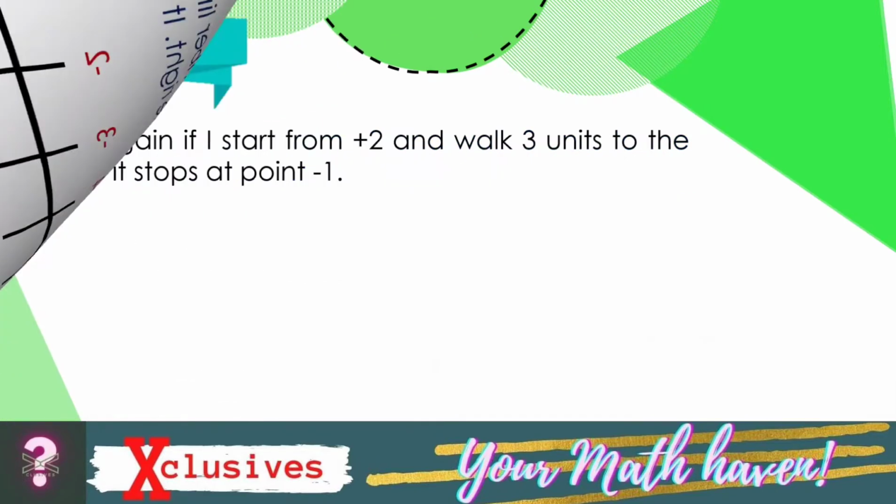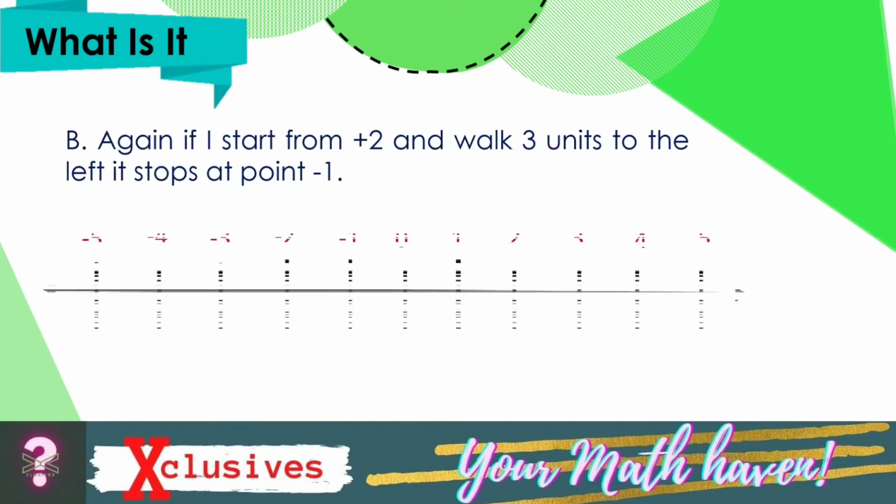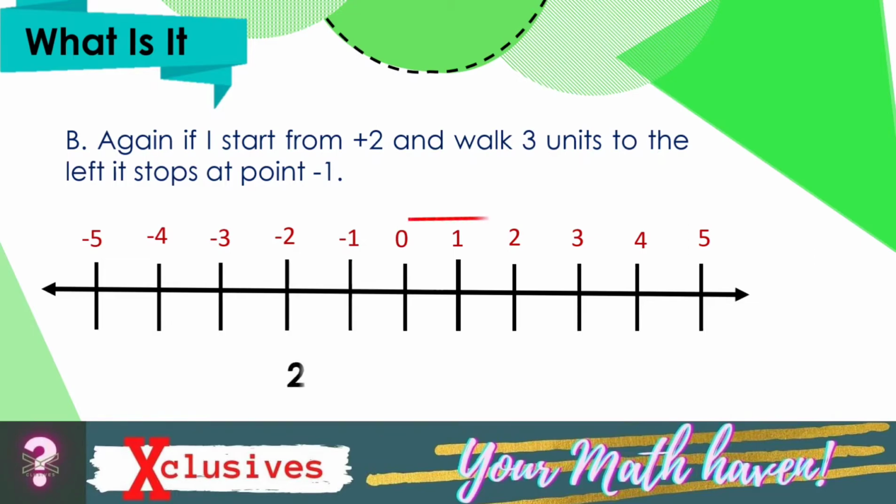That's why in question A, we are instructed to move 3 units to the right, the same as adding positive 3. Question B. Again, if I start from positive 2 and walk 3 units to the left, it stops at negative 1. Let me show you. It starts at positive 2, walk 3 units to the left. It stops at negative 1.